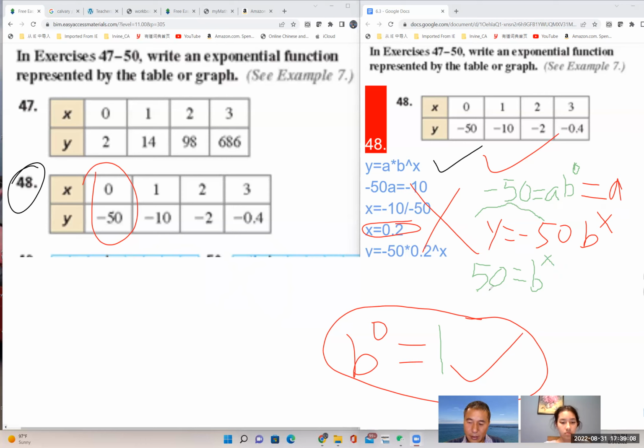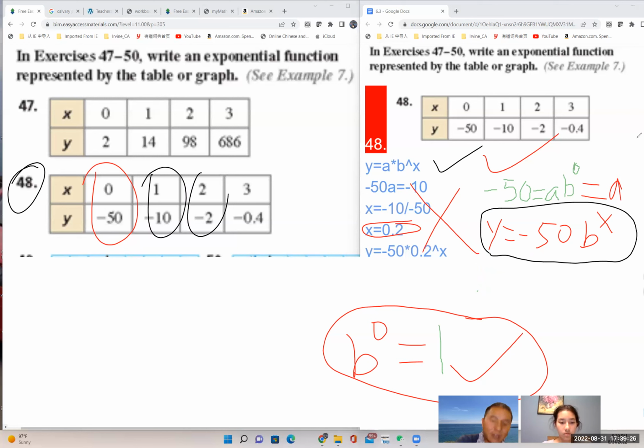Anyway, can you erase here? Sure. Yeah, just erase this. Now, let me give you another hint. This is the function, right? Of course, all these points satisfy this function. So use another point.